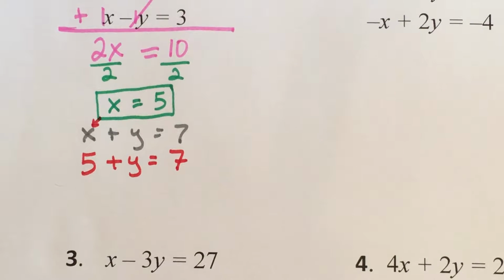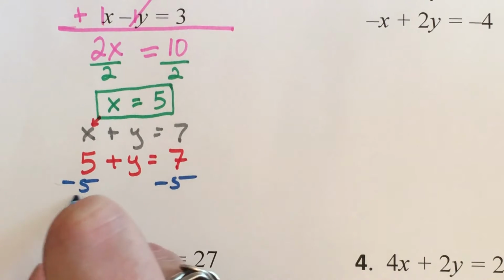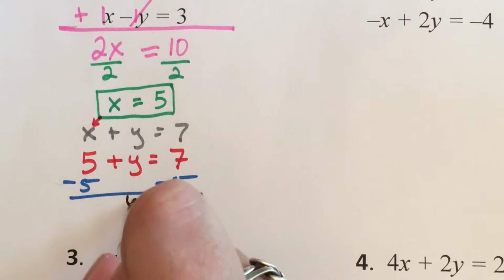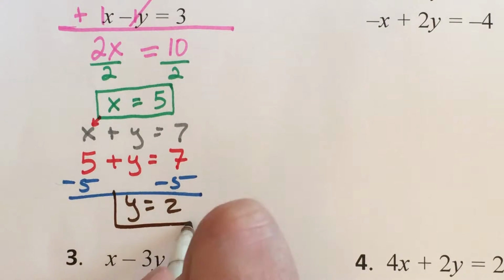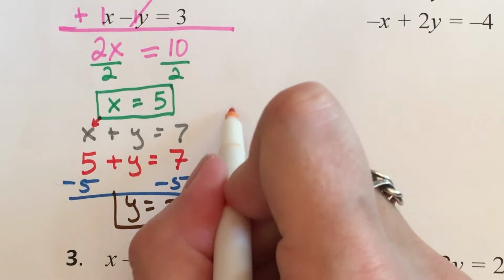Let's go solve for the y. How do you get rid of the 5? Yep, subtract it over. And as a result, y equals 2. Sweet. Let's write our final answer and call it a day on that particular exercise.